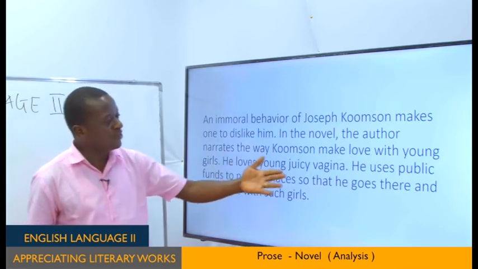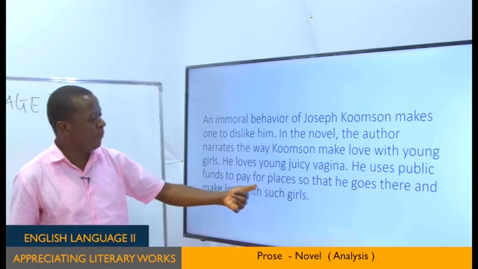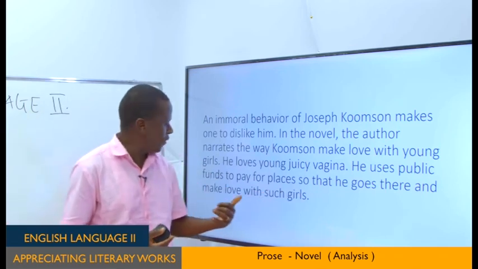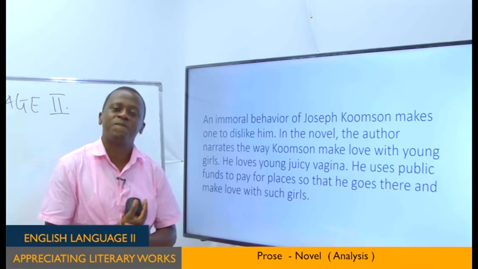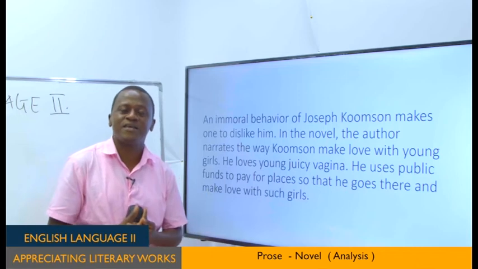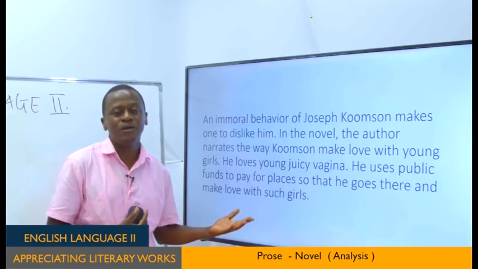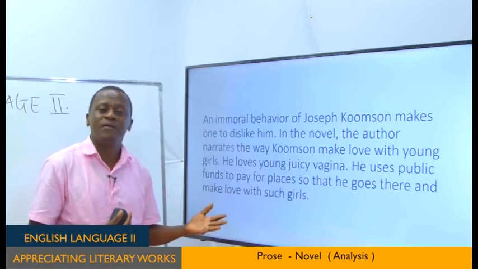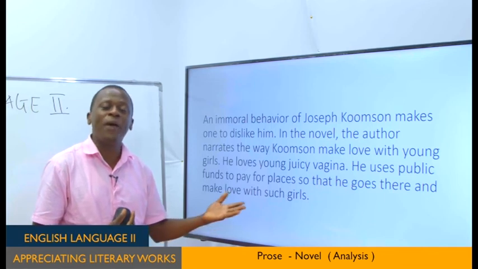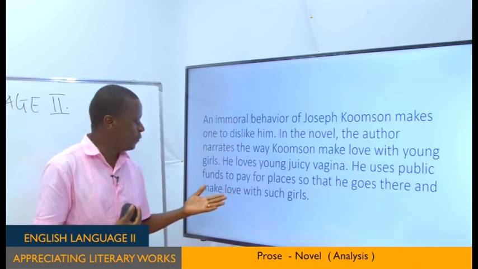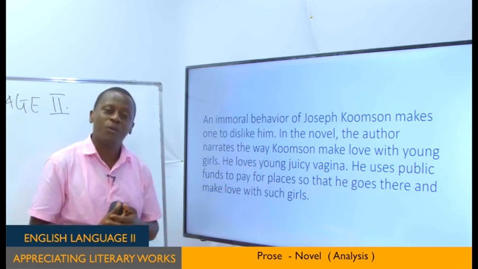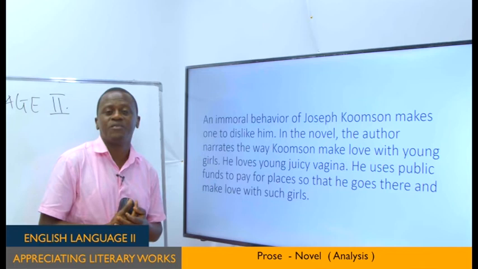Again, Thompson uses public funds to pay for places so that he goes there and makes love with such young girls. The money from taxpayers, Thompson uses such money to pay the lodges or the guest houses so as to make love with his girls.